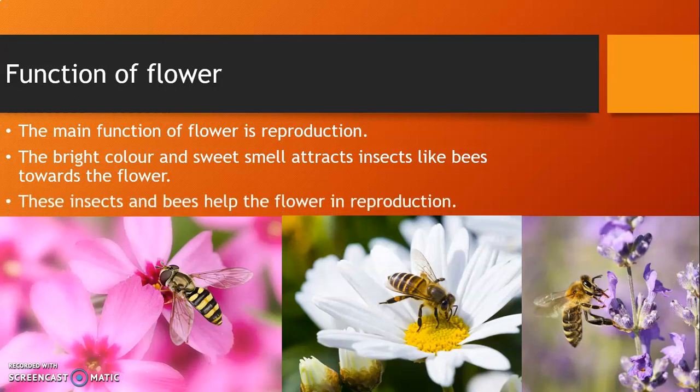When bees land on the flower to collect nectar, some substances get stuck to their legs or body, and when the bees move to other flowers of the same species, the process of reproduction takes place.